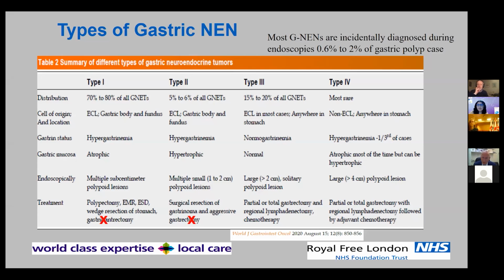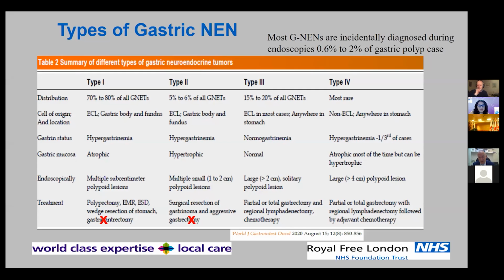What's interesting, I thought, was that in this very recent August 2020 review published, I think there are statements in there which are completely wrong, and you shouldn't have them in there these days, such as aggressive gastrectomies. We just wouldn't be performing that.